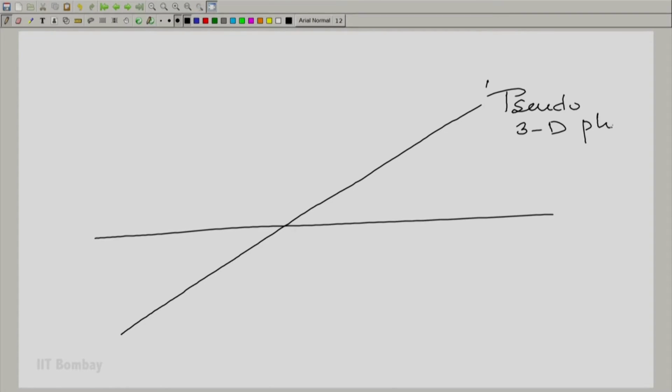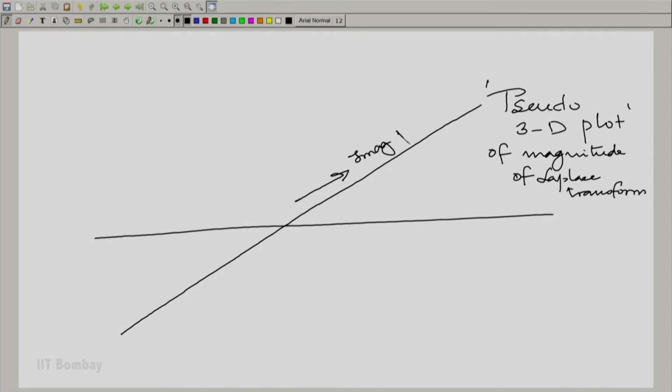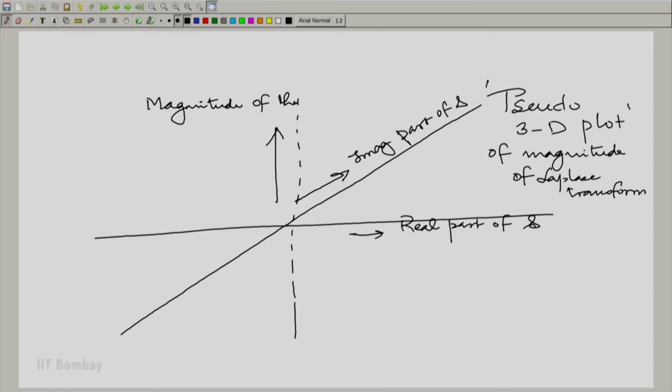So, I am drawing a 3-dimensional or pseudo 3-dimensional plot now. So, this is the s plane, what you see here. This is the imaginary part of s and the real part of s, and on the vertical, so to speak, you are going to plot the magnitude of the Laplace transform.